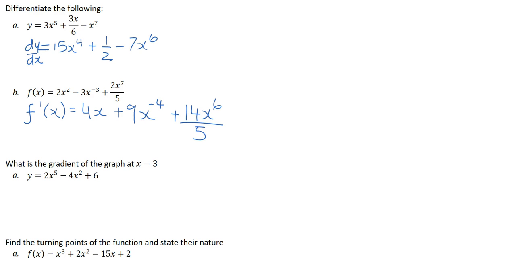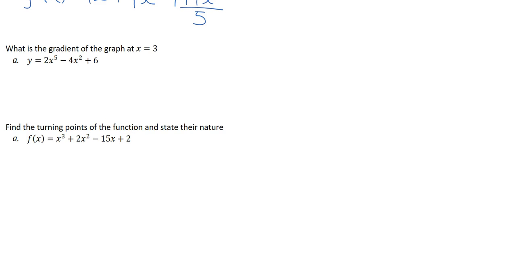So now what's the gradient of the graph at x equals 3? So how do you do those ones? You do exactly the same thing, don't you? So dy by dx is 10x to the power of 4 minus 8x. What happens to that 6? It disappears because when you differentiate a constant, it's zero.